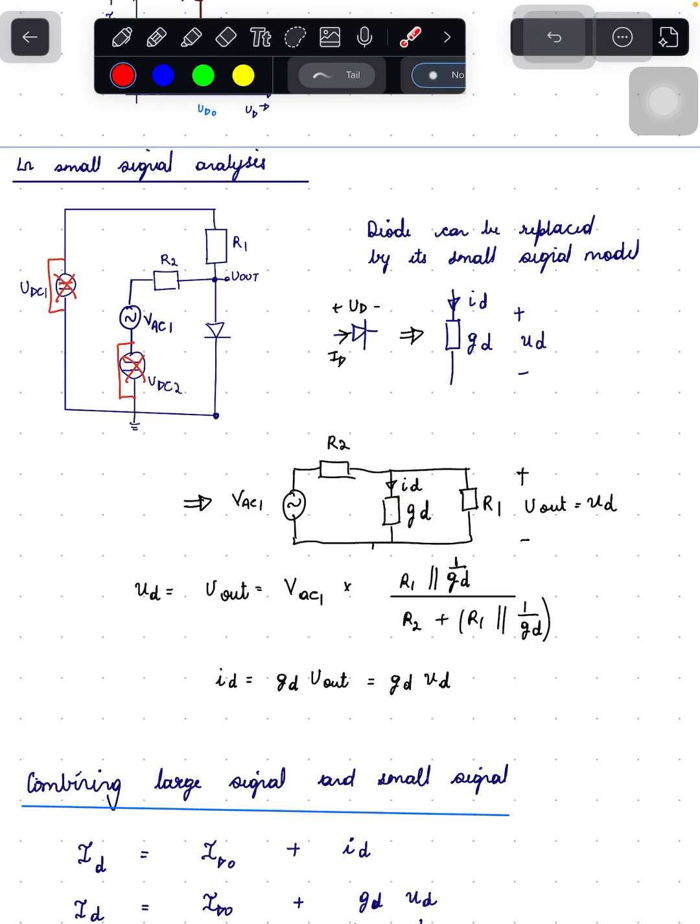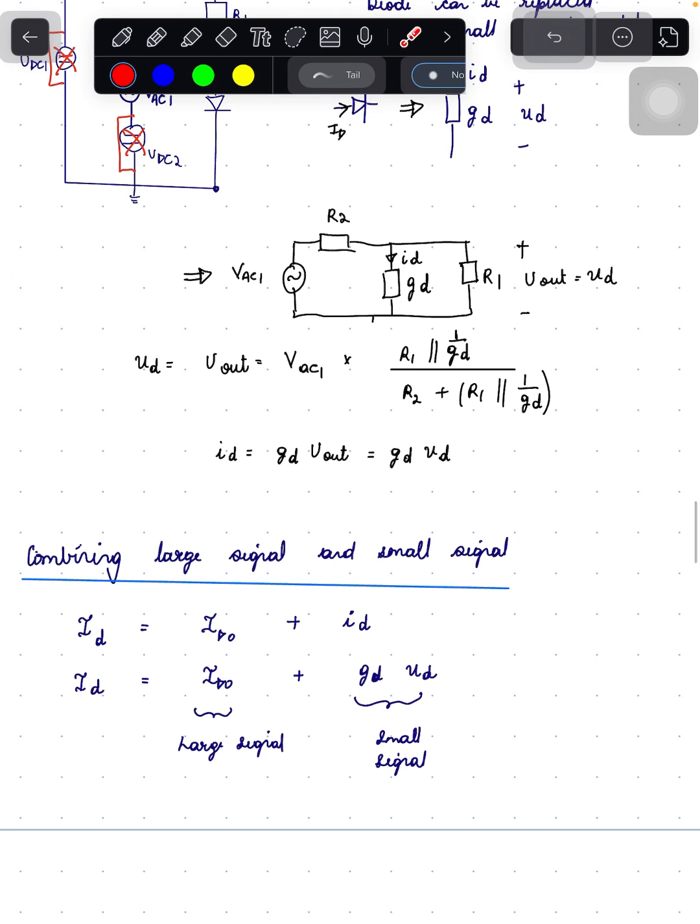The voltage UD equals U out equals VAC1 times R1 parallel 1 by GD divided by R2 plus R1 parallel 1 by GD. The current ID equals GD times U out equals GD times UD.